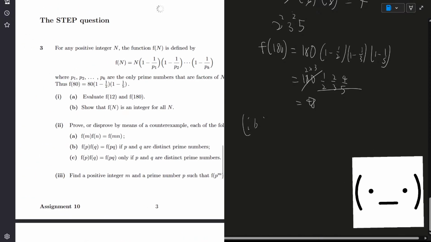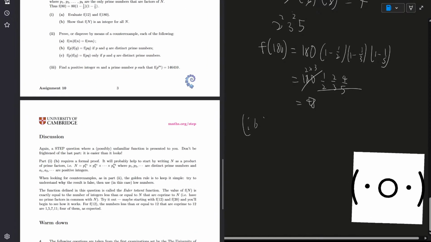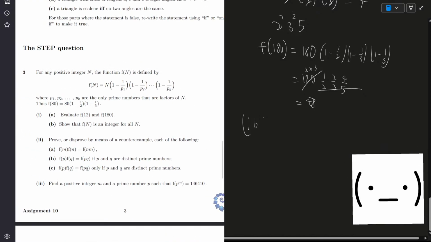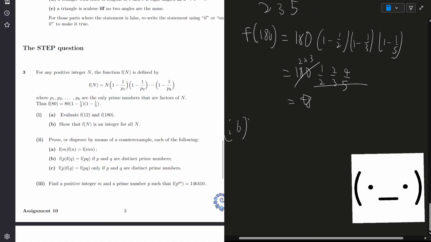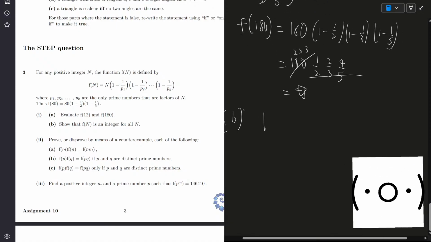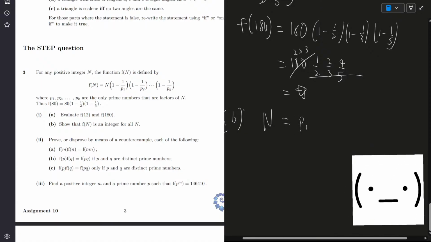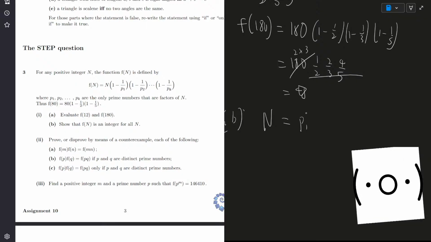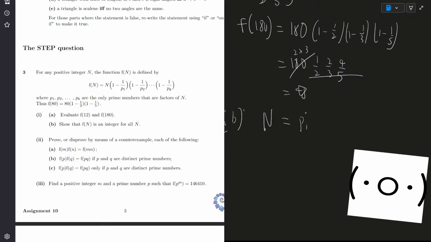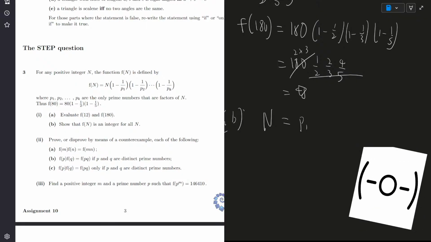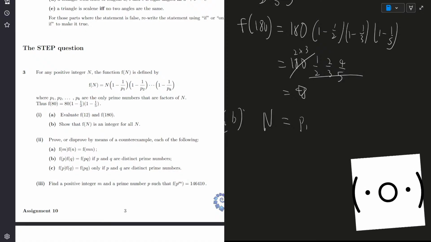Okay, so this requires a formal proof. So let's rewrite n. I guess that's the first thing, which is that p1 times some arbitrary. What's a nice number we can describe it with?